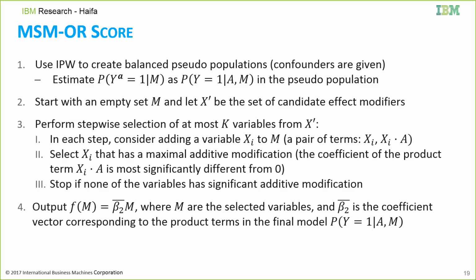In each step we add each one of the remaining covariates in X tab to the model as two terms, one for the covariate and one for the covariate interacting with the treatment, and then select the one that has the largest additive effect as measured by the coefficient in the statistical regression.